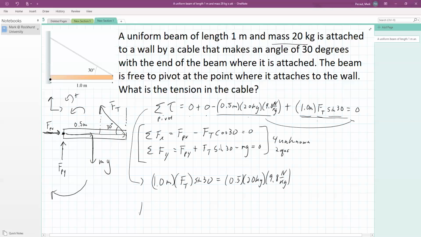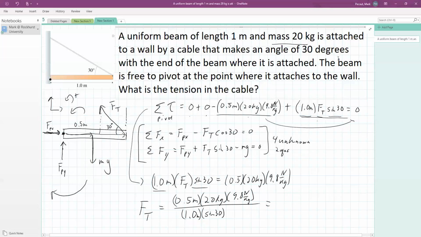And then I divide both sides. The tension, I'm going to divide both sides by these 2. And so that gives me 0.5 meters times 20 kilograms times 9.8 newtons per kilogram, over 1 meter sine 30. Sorry for my bad handwriting here. And I can go ahead and compute this and get a number here.